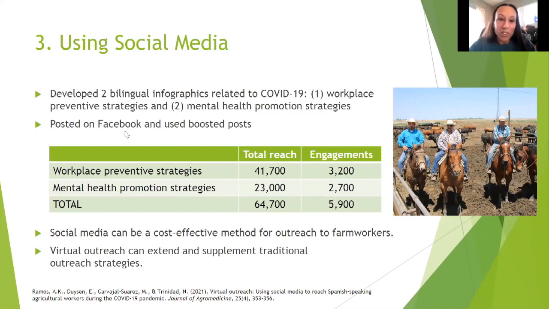And then we also made sure that we used some of that demographic targeting available in Facebook to look for Spanish dominant users, and people who had specific interests in cattle, because we know from our workers that they're very proud of working cattle, and that's much more than a job. It's a lifestyle, and it's really part of their identity to be a cowboy or to work with these animals. And so we used that as well in our targeting.